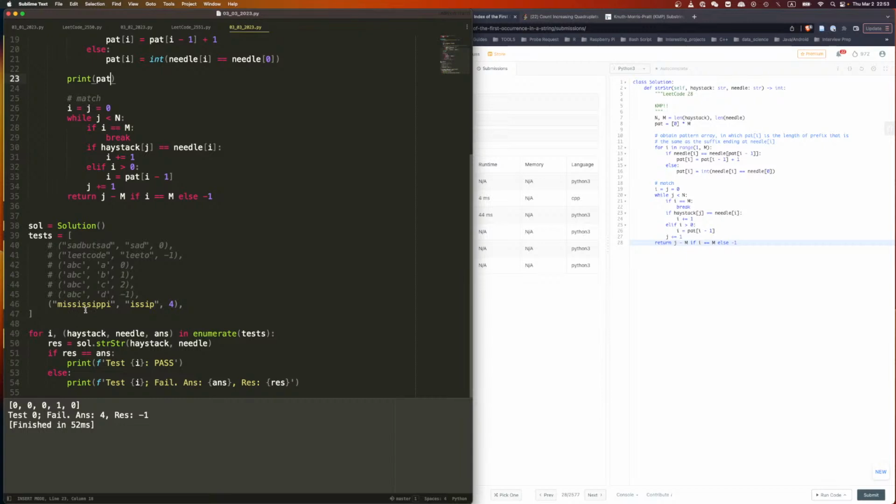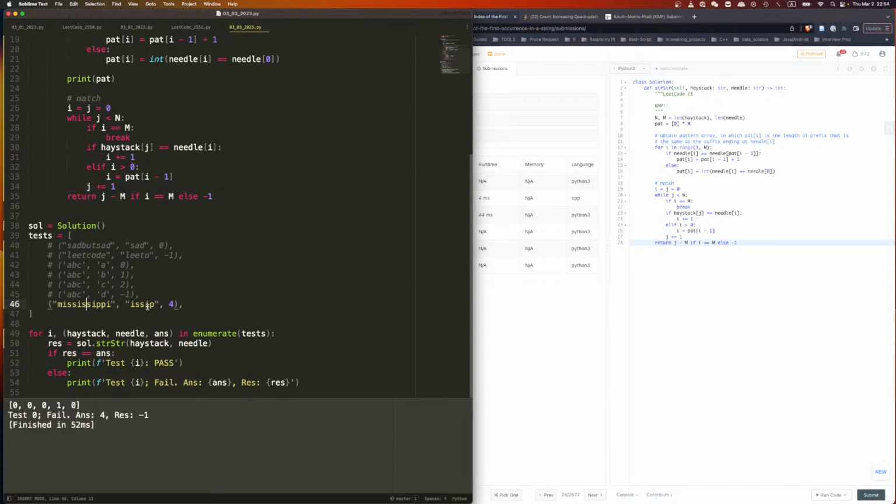And then mismatch, right? We matched all the way to I, S, S, I, and P is mismatching, right? If P is mismatch, then this is a mismatch. And I is larger than 0, so we go I minus 1.